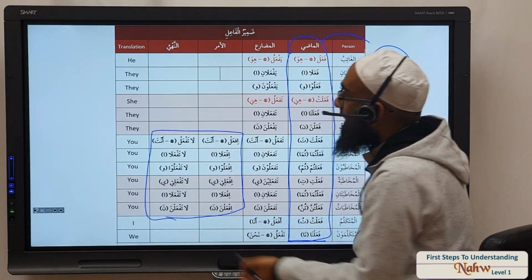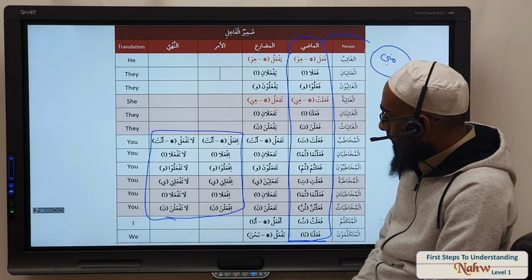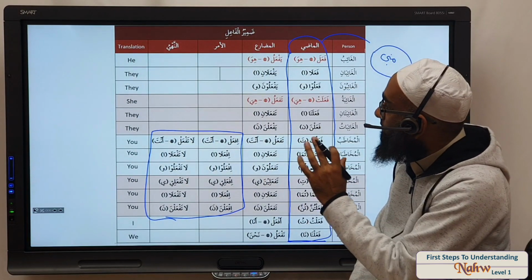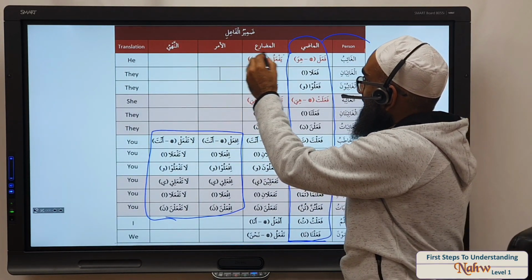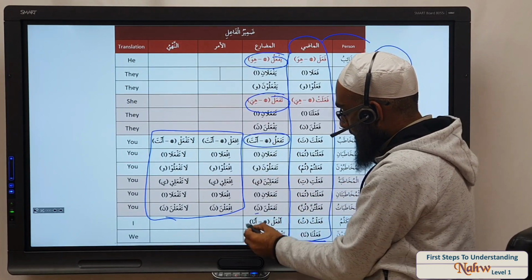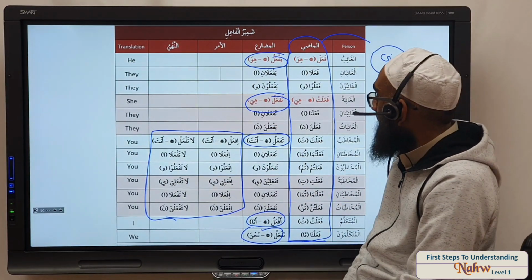We'll discuss this later on. That's the amr and the nahi, the imperative, the command and the prohibition. What we're studying is the فعل المضارع. Now, the فعل المضارع, if you would recall, we said here, for example, in these ones with asterisks, the ضمير is mustatir, and that's why we wrote in brackets afterwards what the hidden ضمير was.